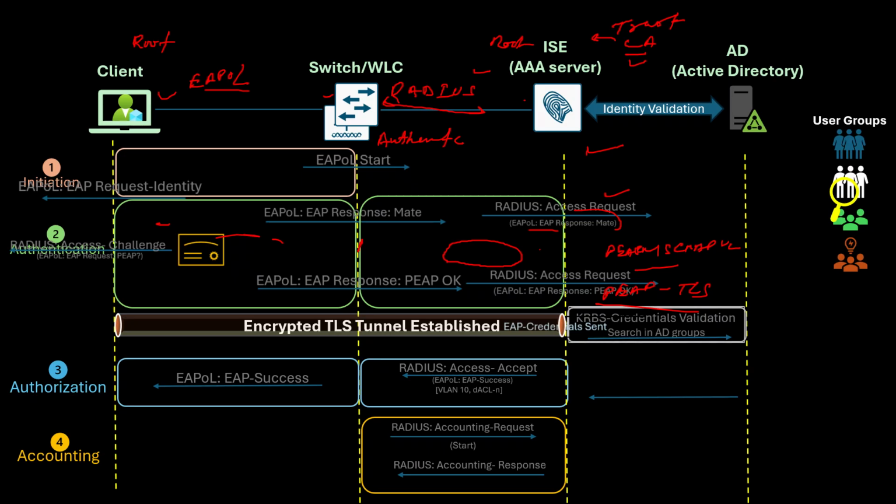Cisco ISE will go to the Active Directory and validate these users against the groups, because it can read all the group permissions when we do the integration using the admin credential. So it will search from which user this access is coming and which group this user belongs to, so that it can apply the appropriate policy based on the authorization profile which we have created on Cisco ISE.